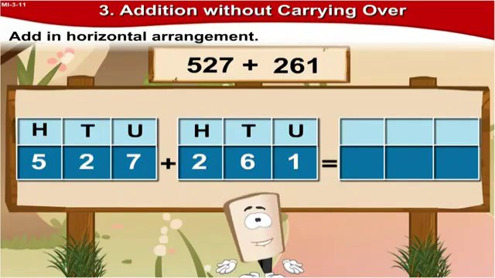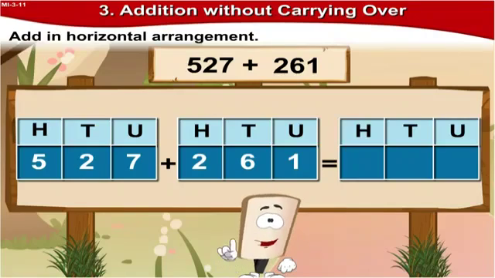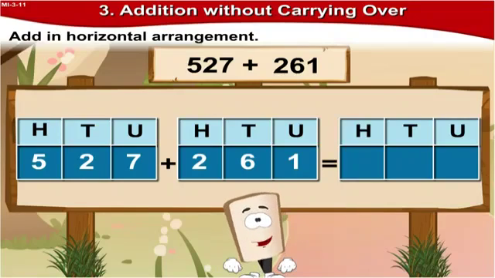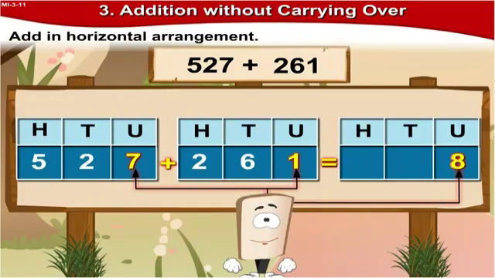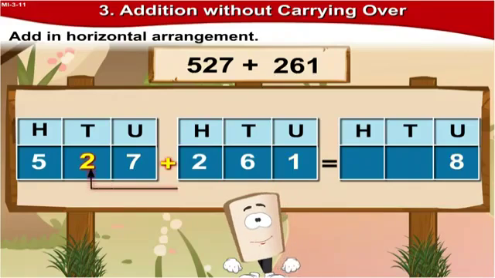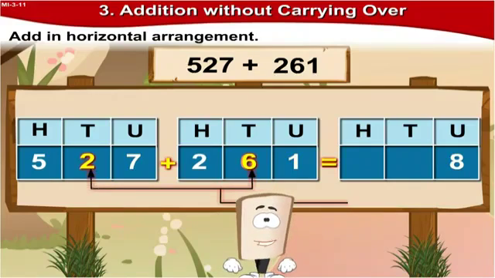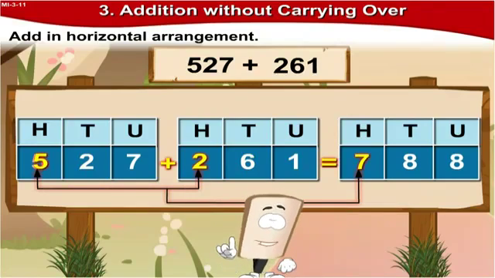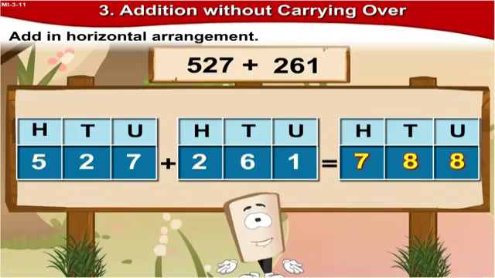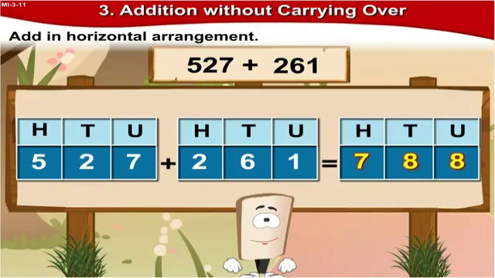Now, as I have already taught you about the horizontal arrangement, we'll begin our addition from the unit side. 7 units plus 1 unit is 8 units, so you'll write 8. 2 tens plus 6 tens is 8 tens, so you'll write 8. 500 plus 200 is 700, so you'll write it here. So the answer is 788.